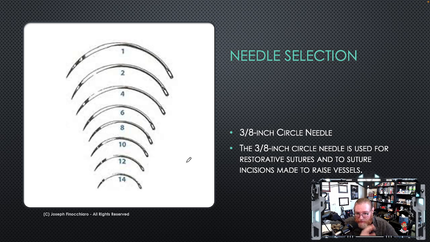For testing purposes, the right answer is what the book says. Okay? A 3/8 inch circle needle is used for restorative sutures and to suture incisions made to raise vessels. So the best needle to use is a 3/8 inch circle or semilunar needle.